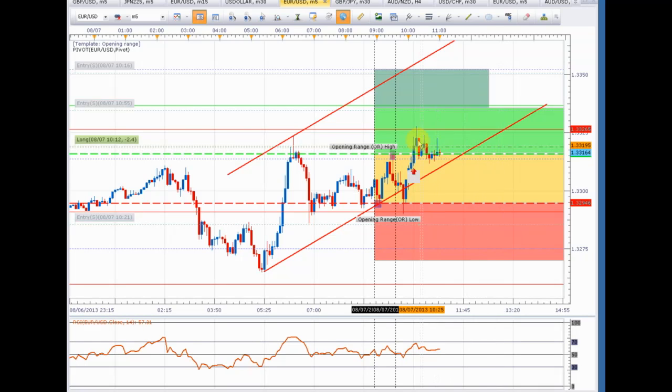So we get that sideways drift, and then all of a sudden we get a last minute push later in the afternoon. We're just staying above the top of this range. We're just holding that. So we either hit it right away, or we continue sideways.